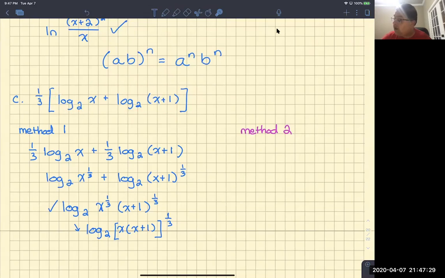product rule. The log base 2 of x plus the log base 2 of x plus 1 can be rewritten as 1/3 times log base 2 of x times x plus 1. Okay.